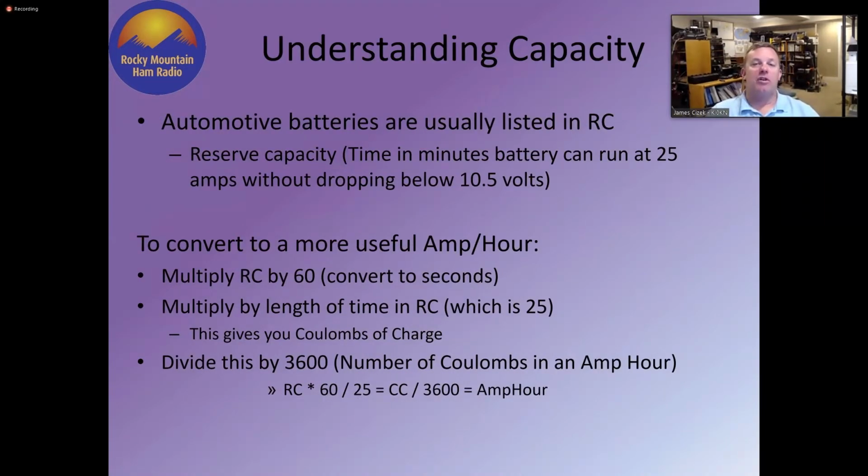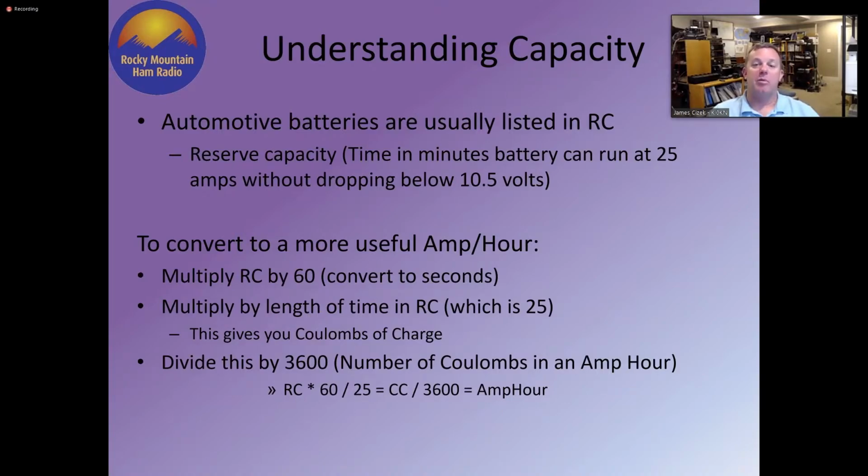Now, if we go to automotive batteries, which we use, right, sealed lead acid batteries or AGM batteries are something that we often use in our ham hobby, especially if we're operating Field Day or out remote, something like that. Those batteries usually are listed in RC, or reserve capacity.